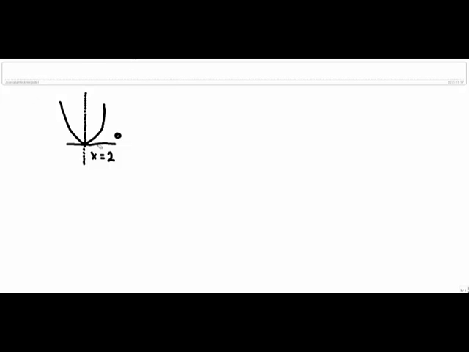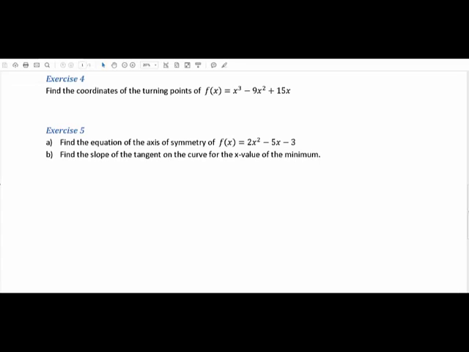But let's start with the A question. So the function is 2x² minus 5x minus 3.